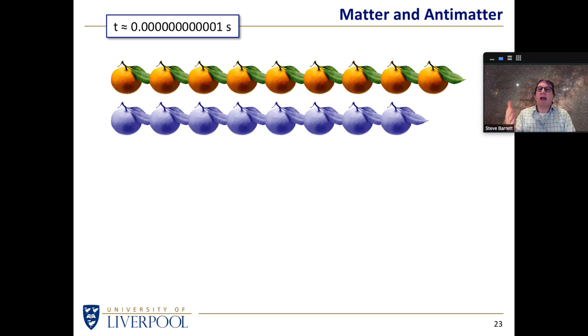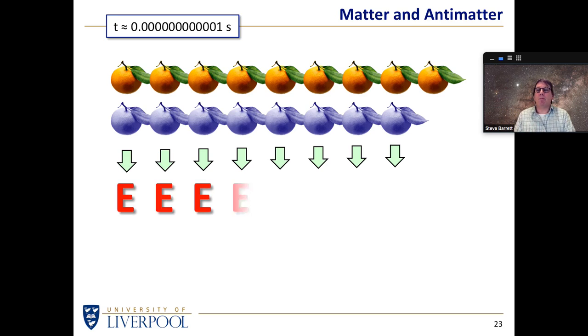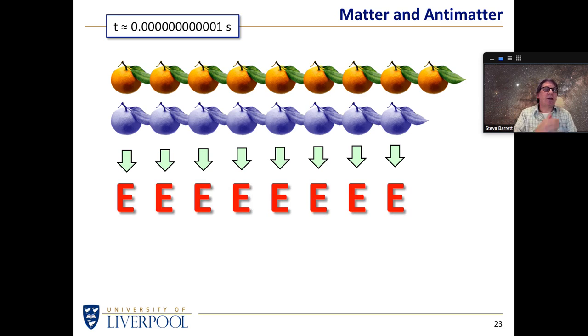Remember, matter and antimatter are going to annihilate with each other, so that tangerine's going to annihilate with its opposite number and produce energy. But what's that little tangerine on the end going to do? Here we have a little bit of matter which can't find any antimatter to annihilate with. So it's just left over as a little bit of matter.